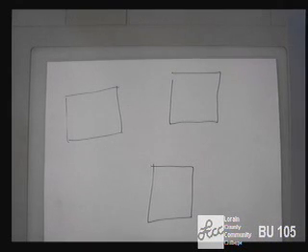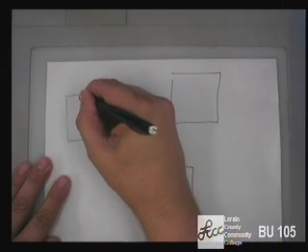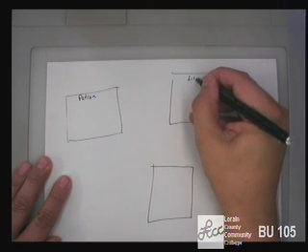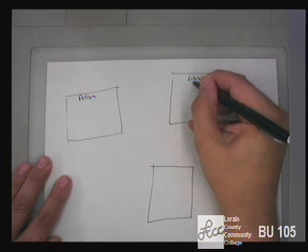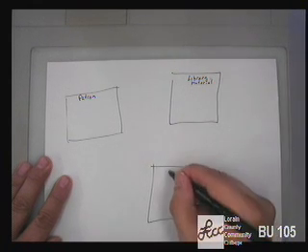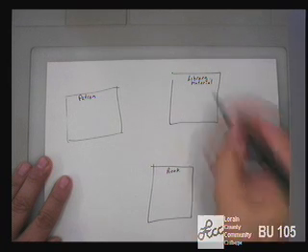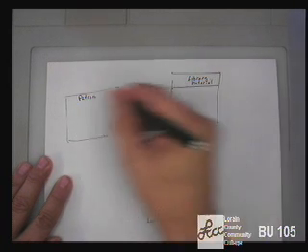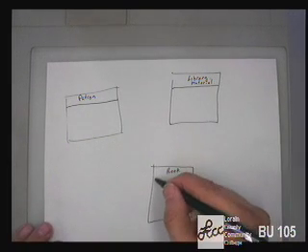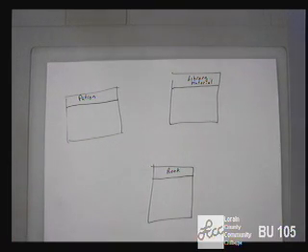So let's say this is my patron class. This is my library material class. And this is my book class. To start out, you're going to have a rectangle for each class. You're then going to show how the classes are connected.